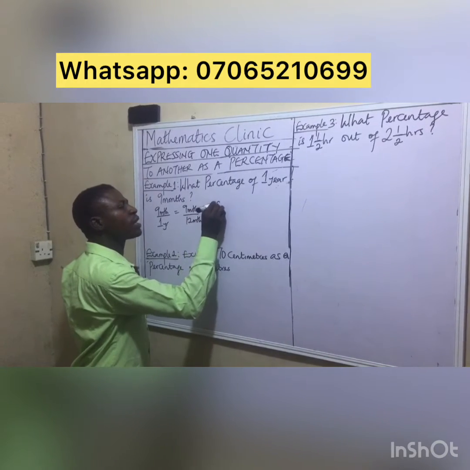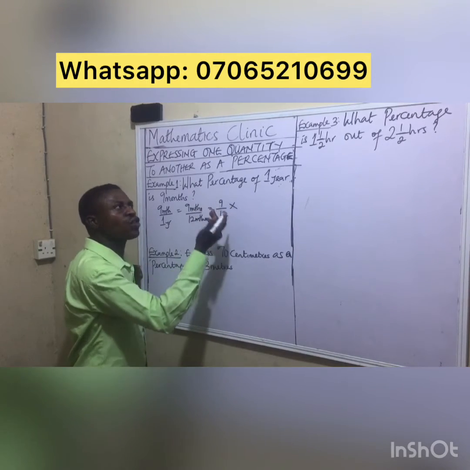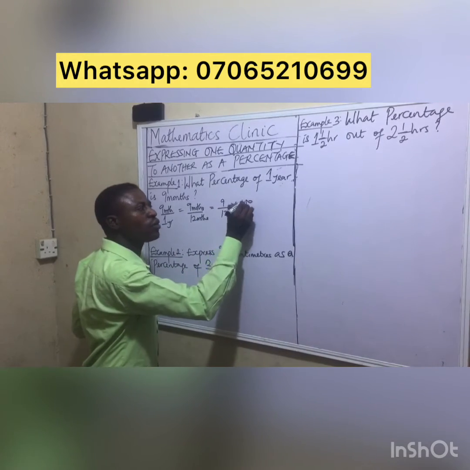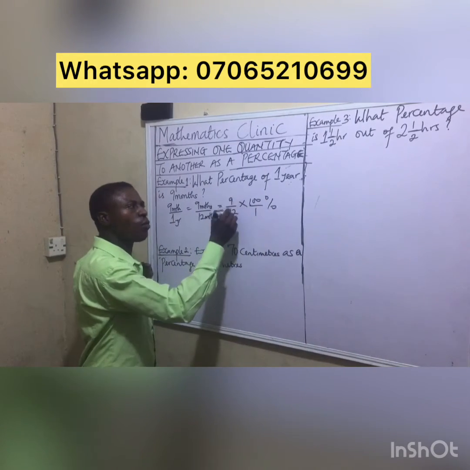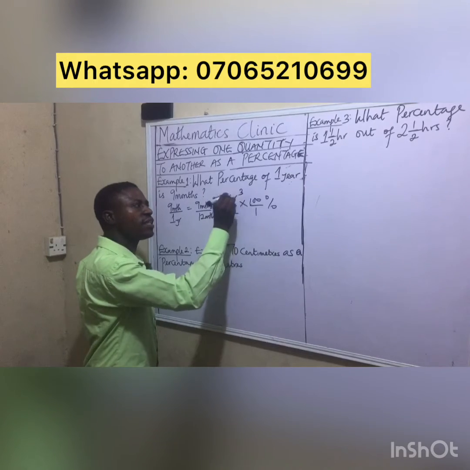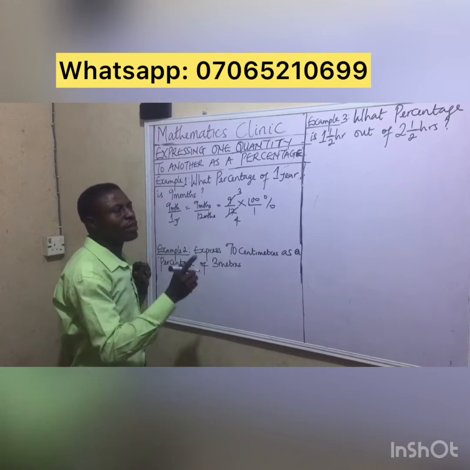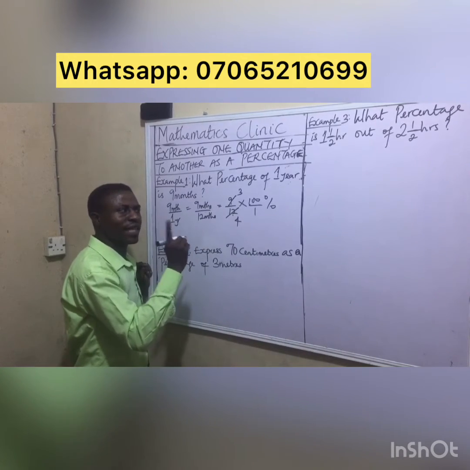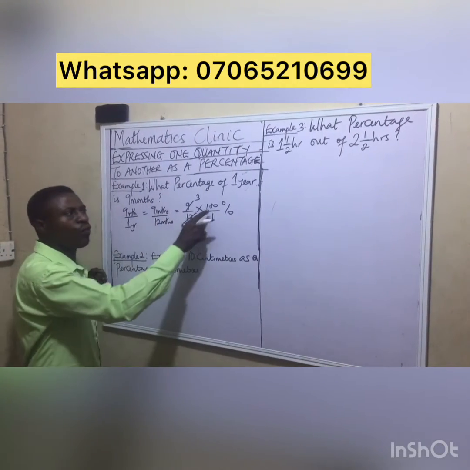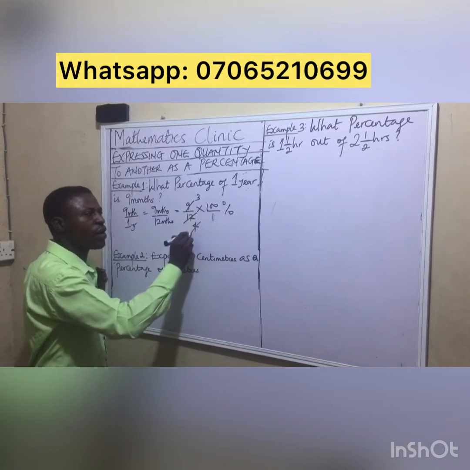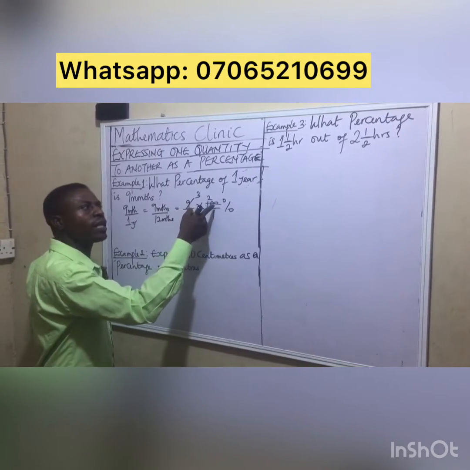Are you getting it? Which is the same as 9 over 12, now in the form of a fraction, and we have to change to percentage. What do we do? Times 100 over 1%. What is common? You start cutting it. See, 3 is common in 9 and 12. 3 in 9, 3. 3 in 12, 4. I told you that for you to know that 4 can divide a certain number, when the last 2 digits end with 0, 4 can go into the number directly. 4 in 10, 2, which is 8. 8 out of 10 means remainder 2.